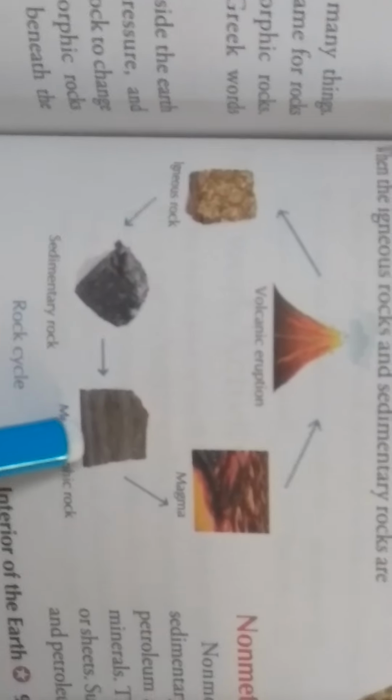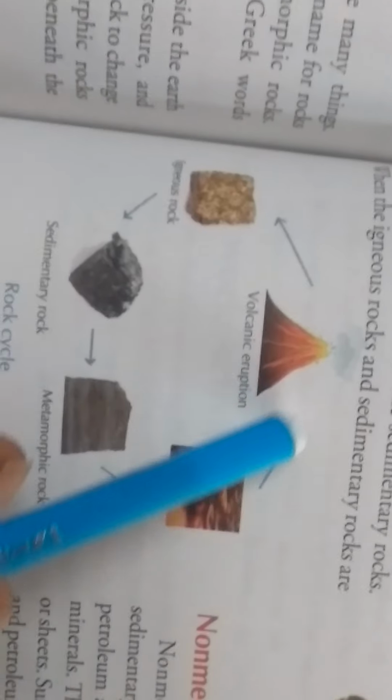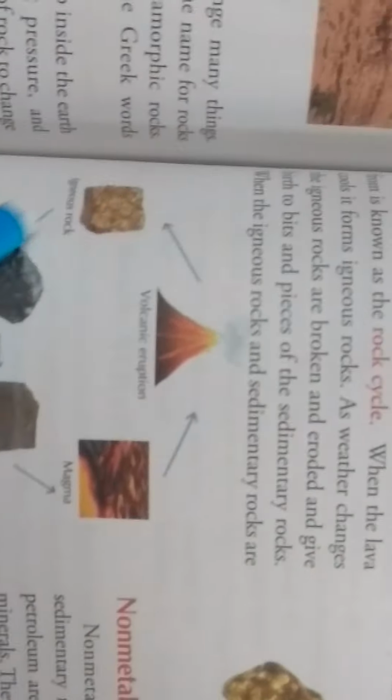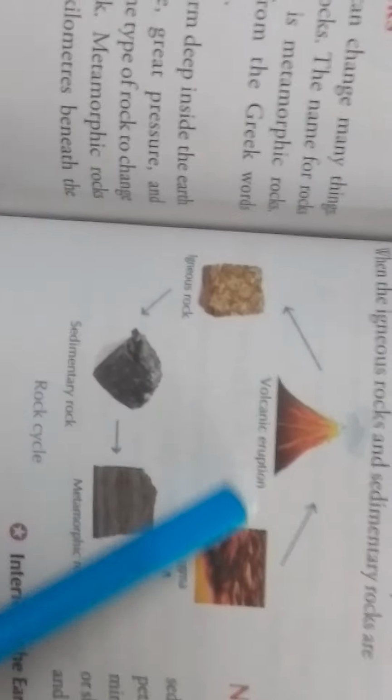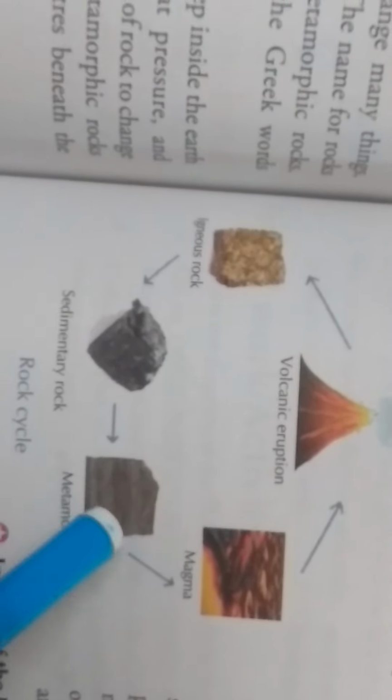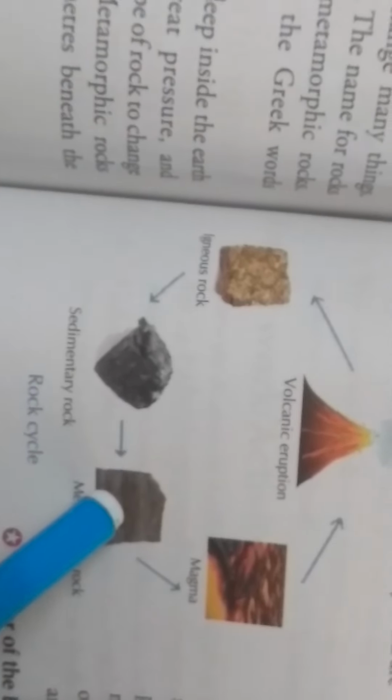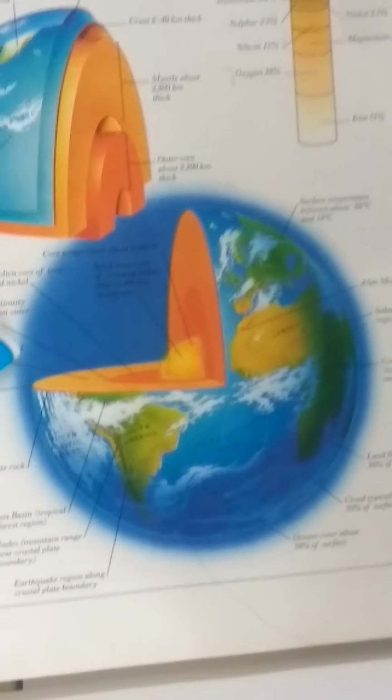And these rocks, when they are buried, again become magma. And again there is a volcanic eruption. And so the complete rock cycle goes on and they keep changing. This was about our rocks and also about the interior of our earth.